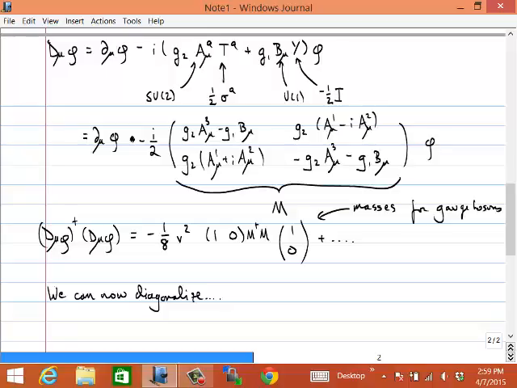To some extent, diagonalizing the mass matrix is a straightforward exercise in manipulating 2 by 2 matrices, so I'm not going to go through all of the details.